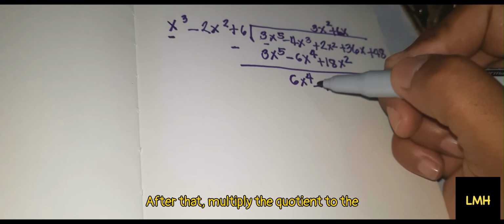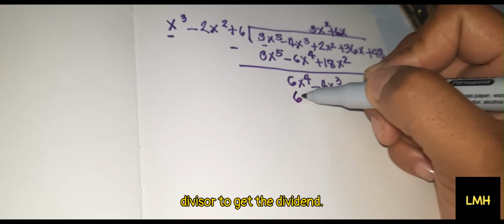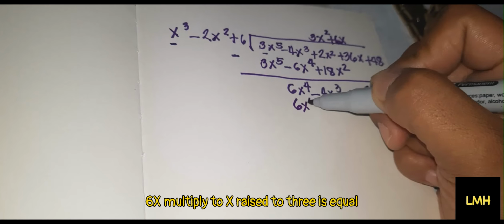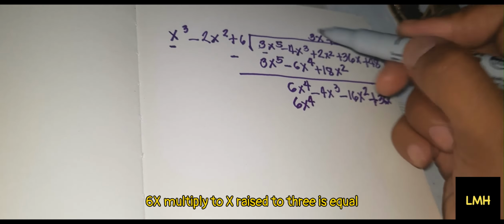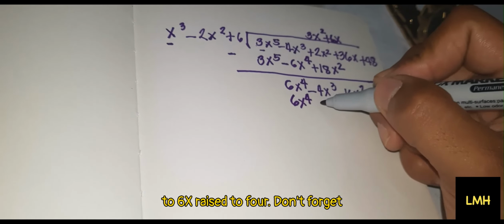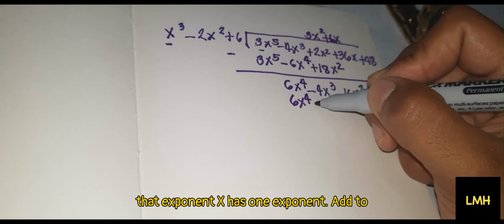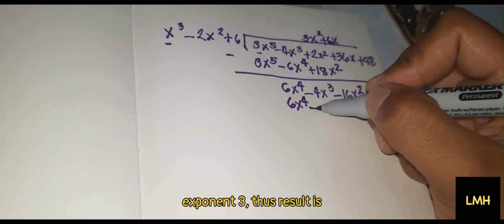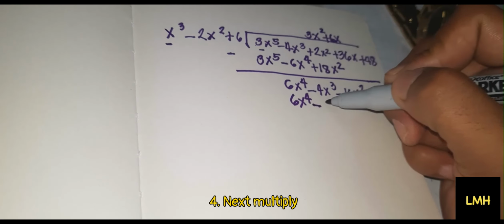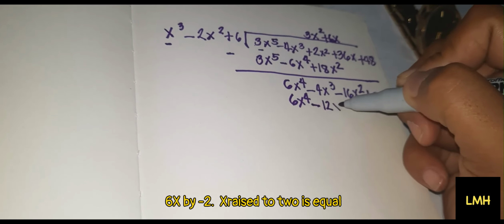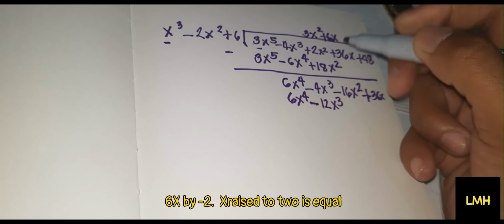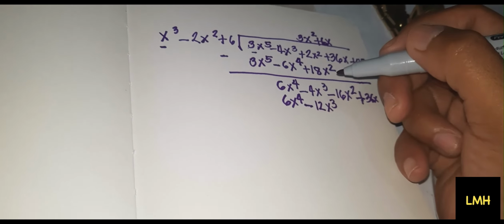After that, multiply the quotient to the divisor to get the dividend. 6x multiplied to x raised to 3 is equal to 6x raised to 4. Don't forget that x has exponent 1, added to exponent 3, thus the result is 4. Next, multiply 6x by negative 2x raised to 2 is equal to negative 12x raised to 3.